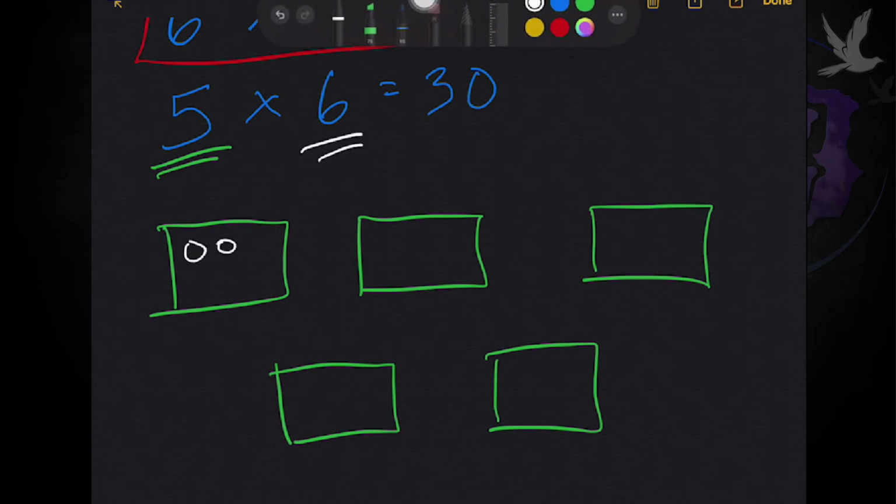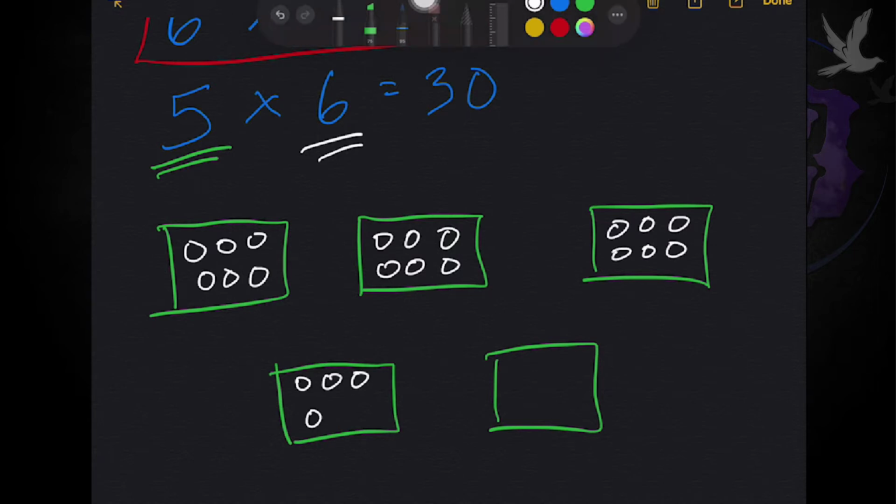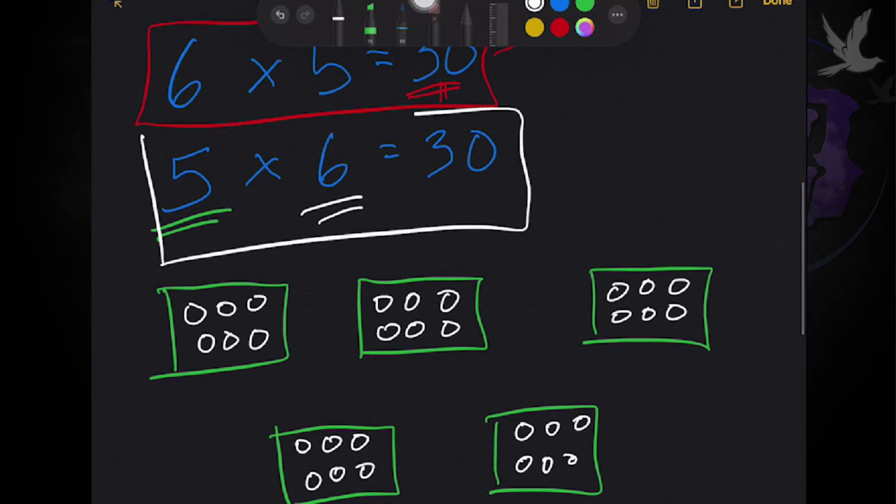You have 1, 2, 3, 4, 5, 6, in each of the five groups. Again, this is now to prove this part, if 5 times 6 is really 30.